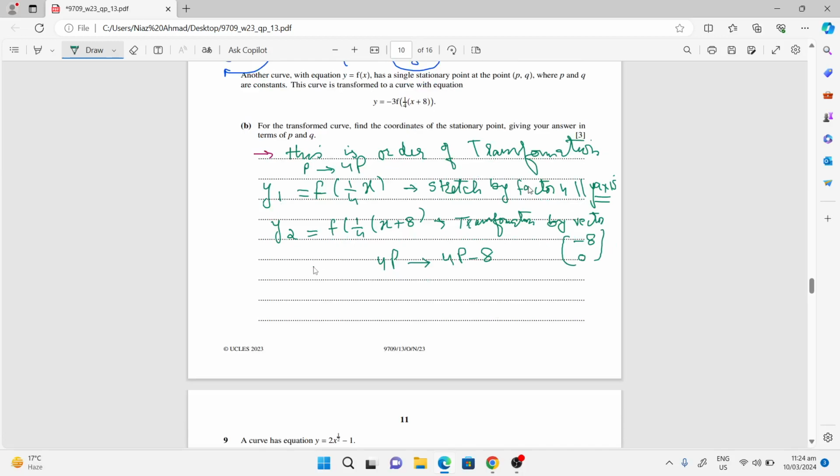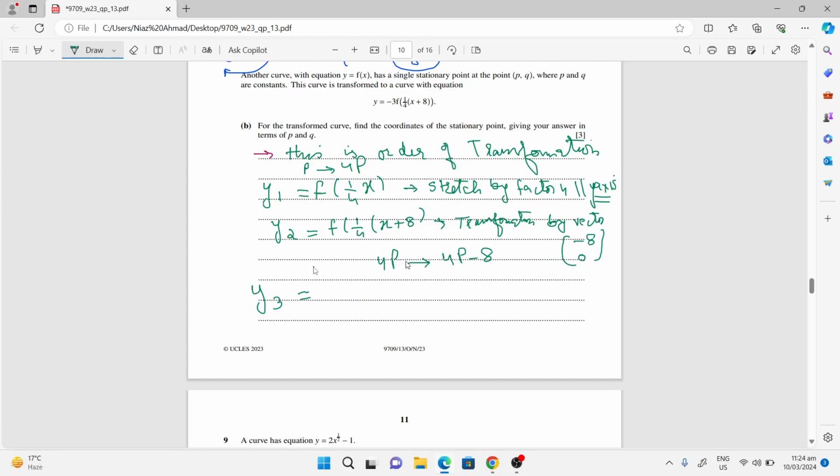So in the third case, the equation becomes y3. The function was y equals negative 3. I am describing each and every transformation being applied on the function. First, 1 over 4x means the function has been stretched by factor 4 parallel to the y-axis. In the second transformation it was x plus 8, so that was a transformation by the column vector negative 8, 0.